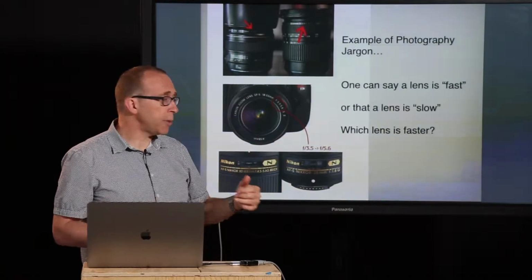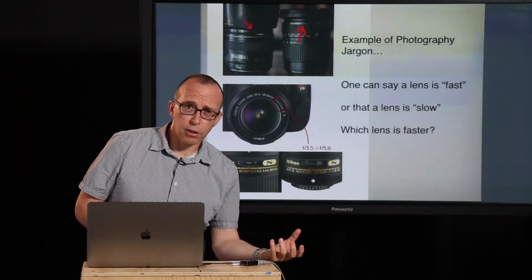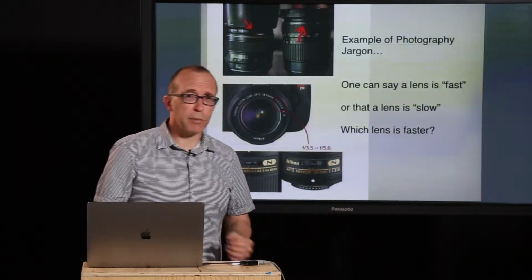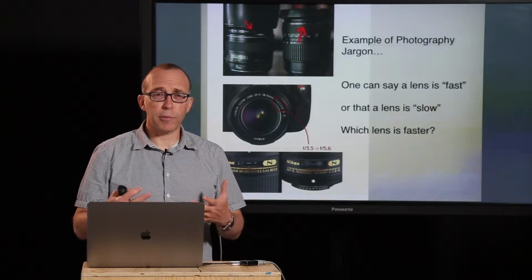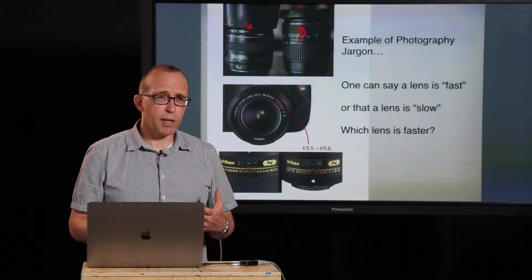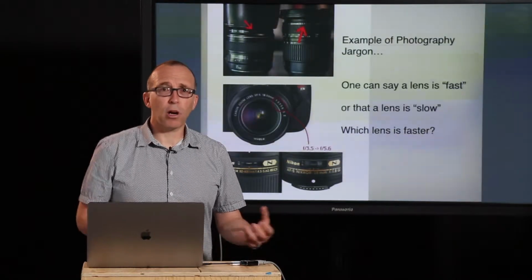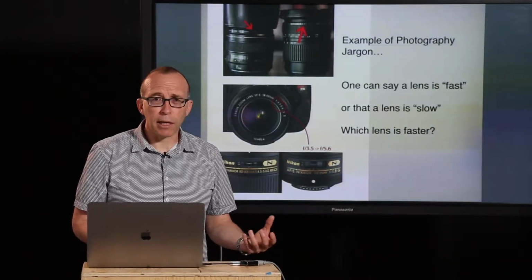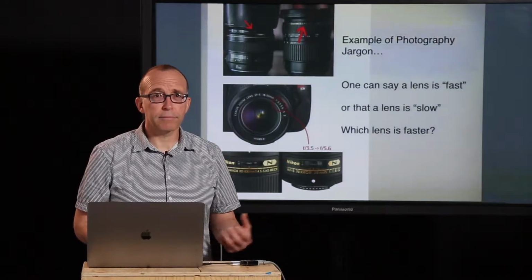You might also hear people say, this lens is a slow lens, which means it doesn't open up to a very big aperture. As an example, let me use that in a sentence. Someone might say, hey, I bought this lens at a garage sale. It only cost me 10 bucks. It's not a great lens. In fact, it's a slow lens.